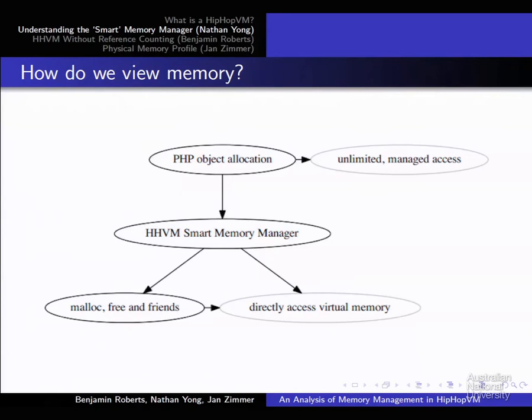So at the top, HipHopVM has its own memory manager, and because it's written in C++, it has direct access to virtual memory through functions such as malloc and free, using the jemalloc library. On top of HHVM, we have the PHP objects living in the PHP runtime, which create objects freely. And HipHop is essentially supposed to manage that all by itself, using its own memory manager.